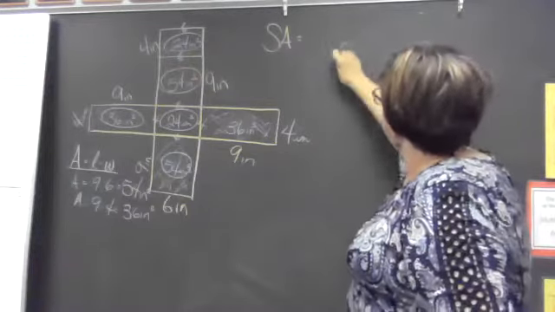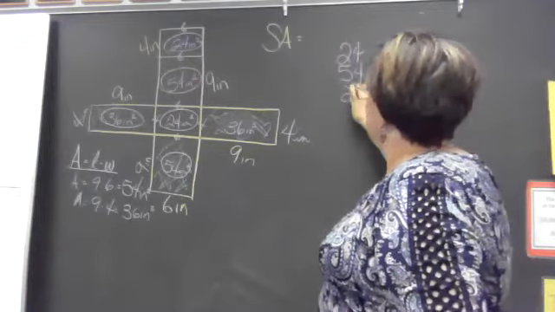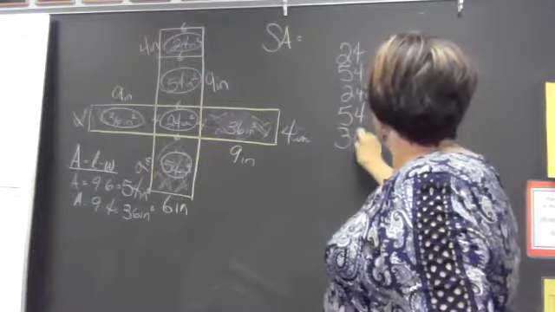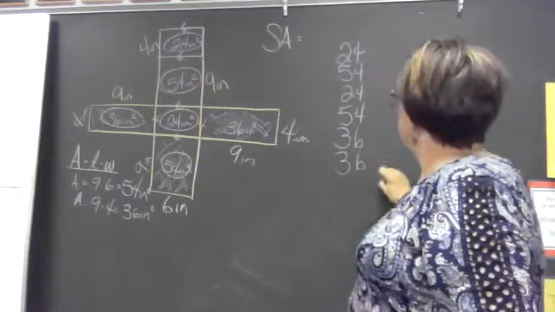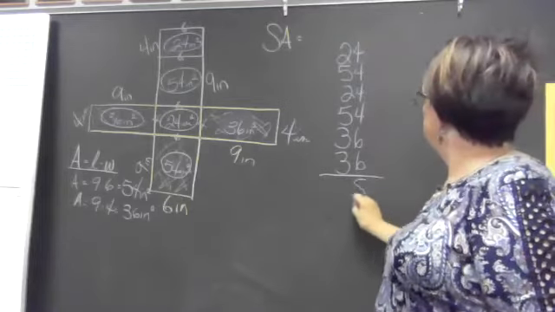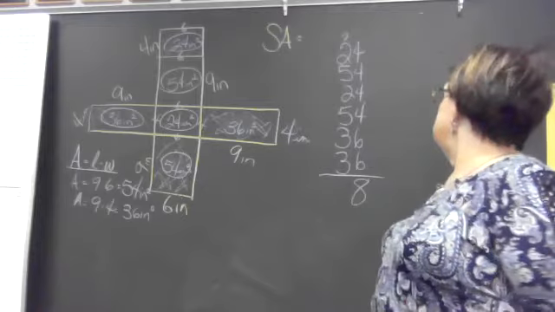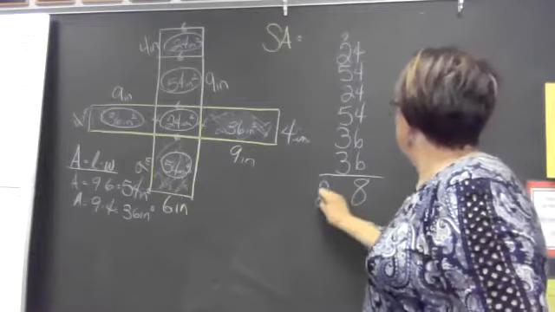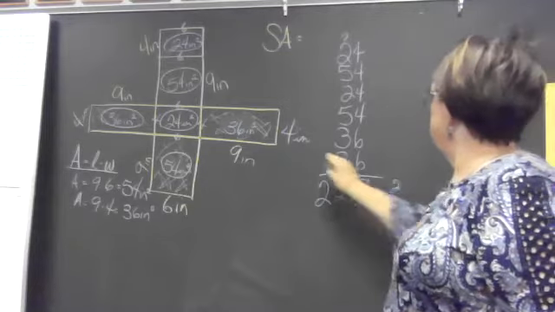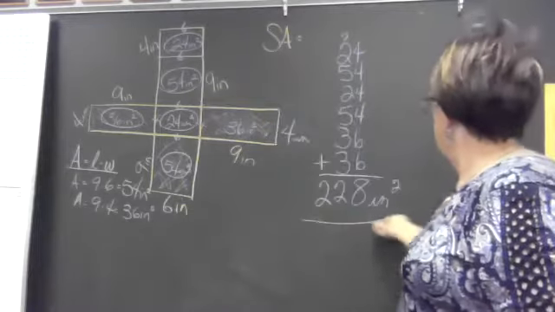So I've got 24 at the top, 54 here, 24, 54, and the 2 outsides, 36, 36. Adding them up: 10, 28, 39, 51, 66, 69, 72. So 228 inches squared, because I simply add each piece's area together.